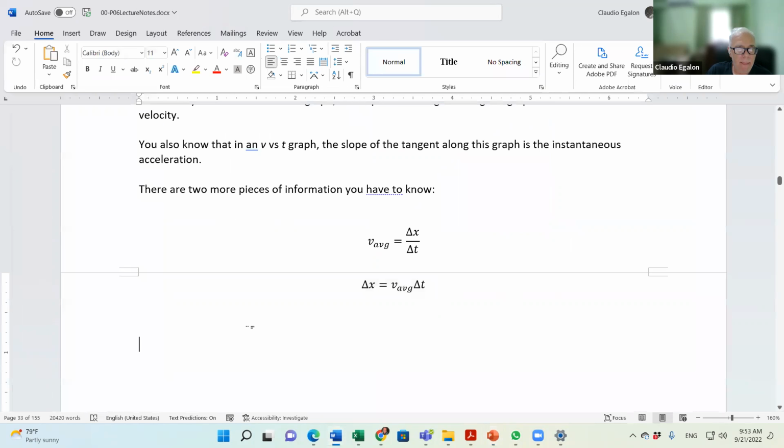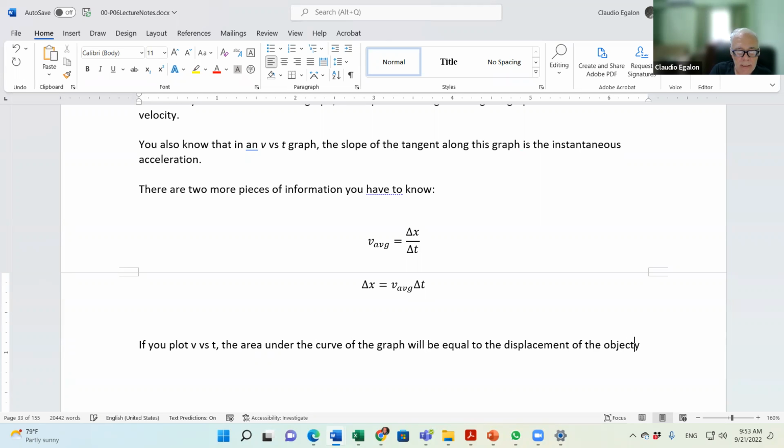If you plot v versus t, the area under the curve of the graph will be equal to the displacement delta x of the object.